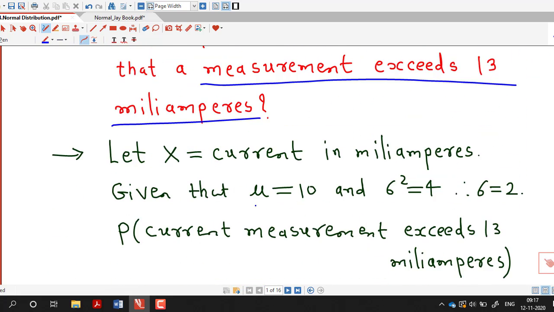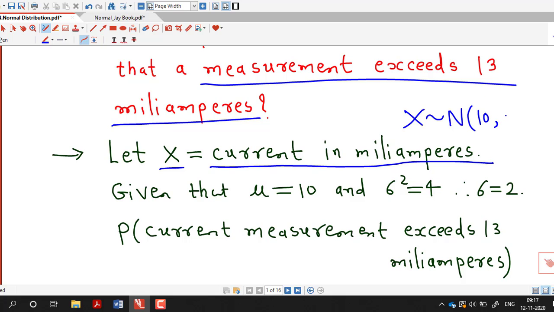We denote the random variable current in milliamperes by capital X. It is given that capital X is a normal random variable, with mean 10 and variance 4.